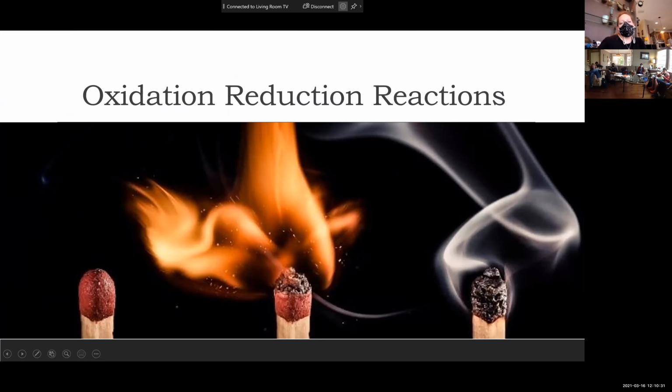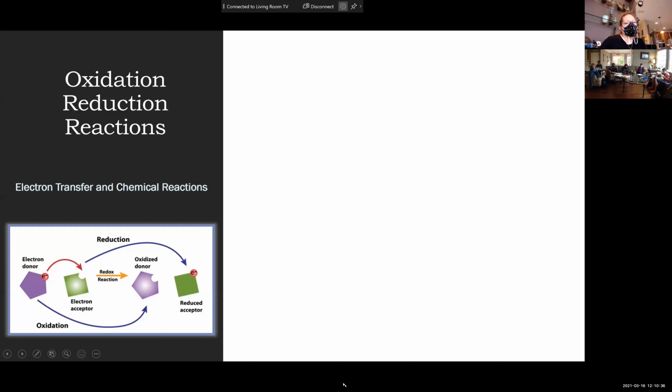So redox reactions are electron transfer, and chemical reactions were the last two sections of your chapter here, right? Oxidation involves a loss of electrons, and reduction involves a gain of electrons. It seems a little backwards when you use the word reduce and then you're talking about it gaining electrons at the same time.